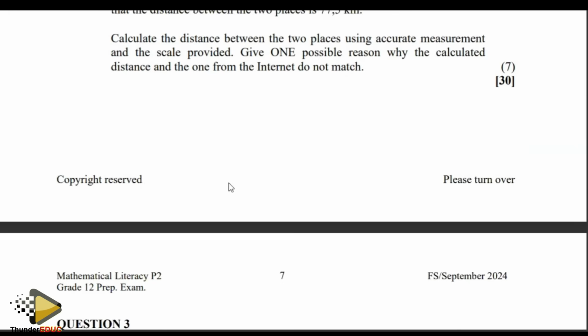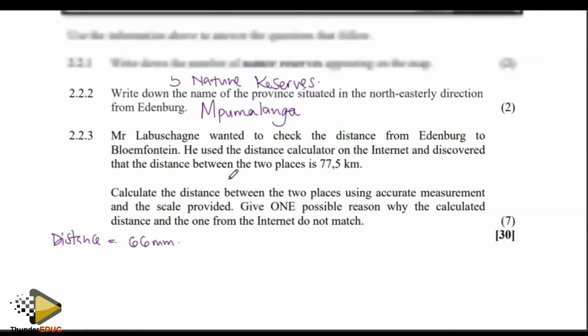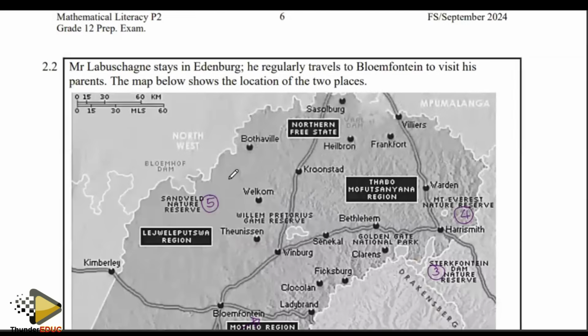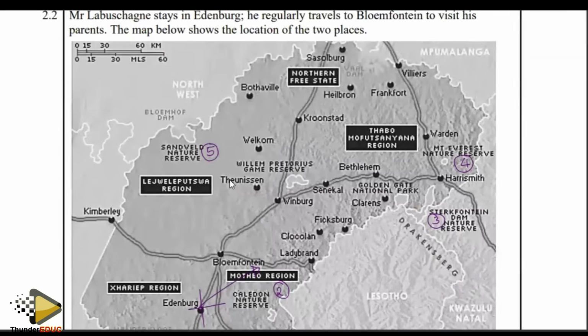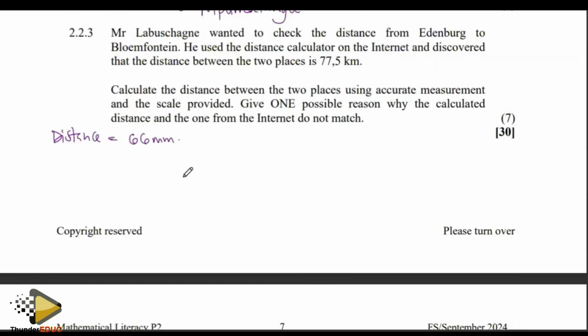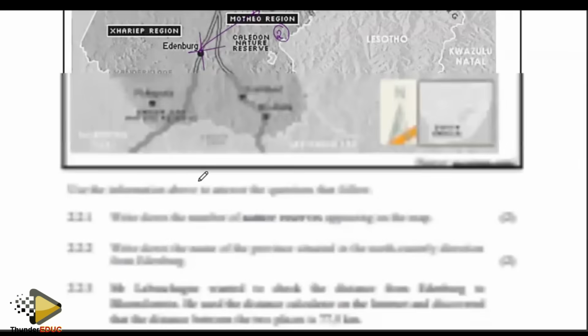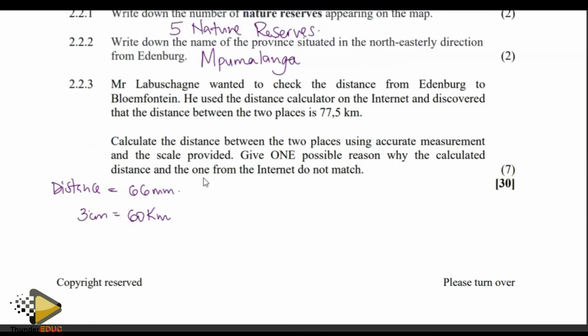So one, when I measured the distance, it was 66 millimeters. All right. Then I have to measure the scale which is a bar scale. So a bar scale, it's from 0 to 60. I also need to measure it. So I ended up having 3 centimeters, equivalent to 60 kilometers.